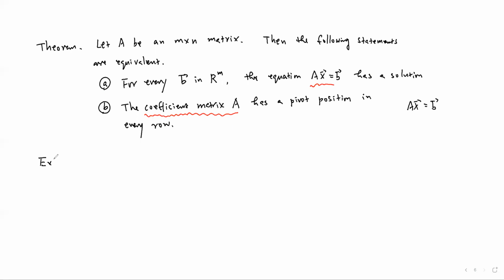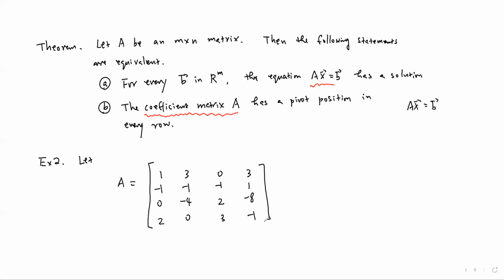Now, the second example. Example 2. Let matrix A be 1, 3, 0, 3; negative 1, 1, 0, 2; negative 8, 2, 0, 3, negative 1. A 4x4 matrix. Now, questions.